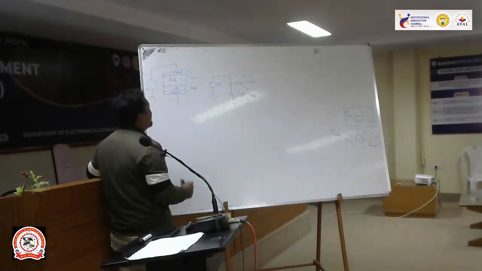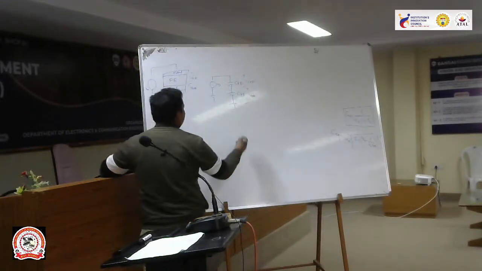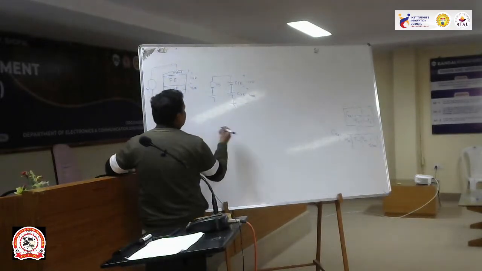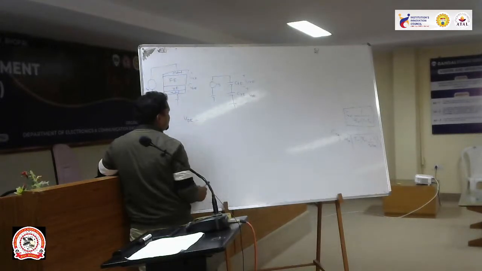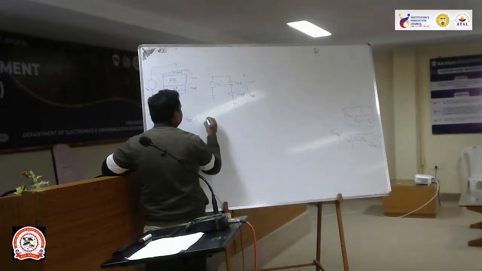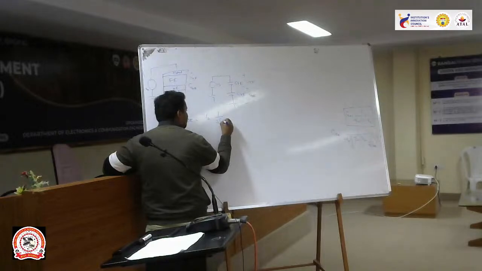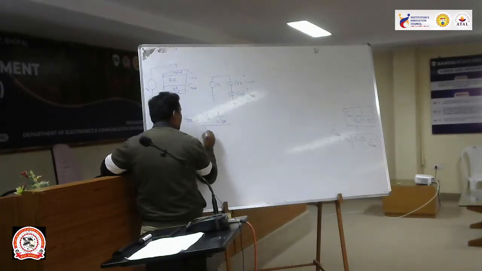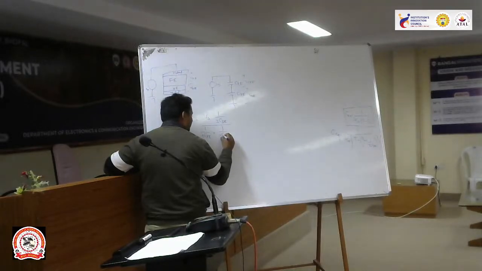So if I apply a normal KVL over here, can I write VDE equals, potential divider rule, I am going to apply Vs into 1 upon SCDE upon 1 upon SCFE plus 1 upon SCDE.